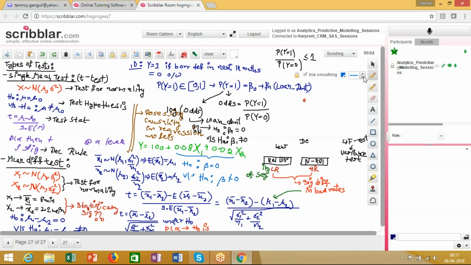So basically, the idea was that if I have two groups of values, then what I would like to understand is what is the difference in their mean.